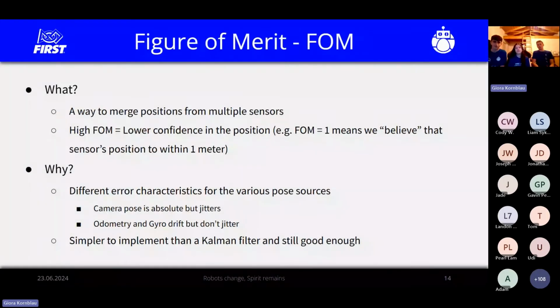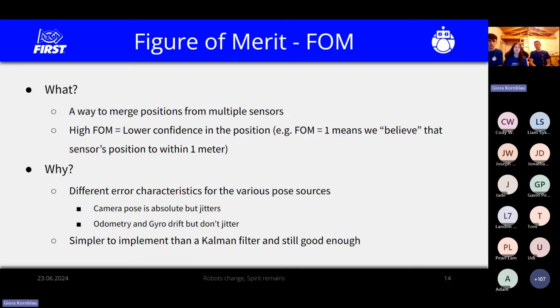So FOM, or figure of merit, what is it? We have multiple sensors to find our position, for example the cameras and the odometry, as said before, and we want to merge them to get the robot position from multiple sensors.